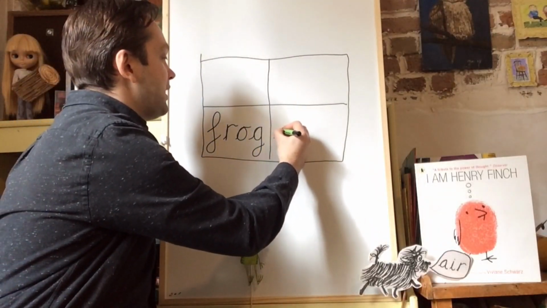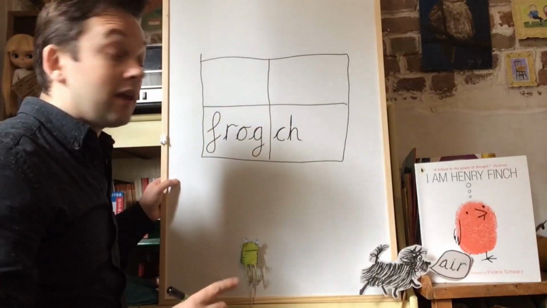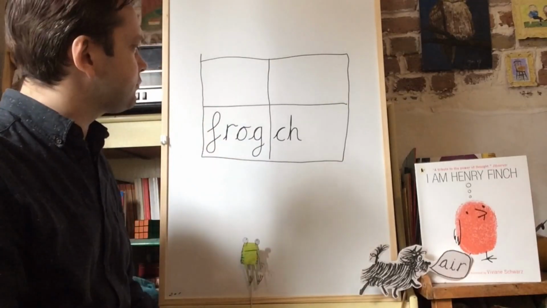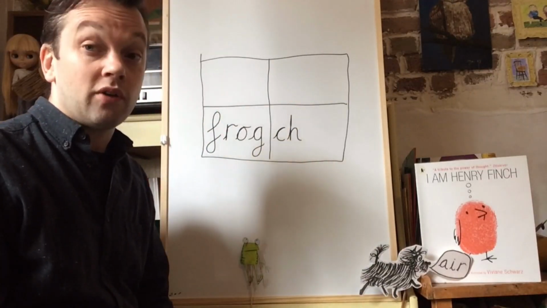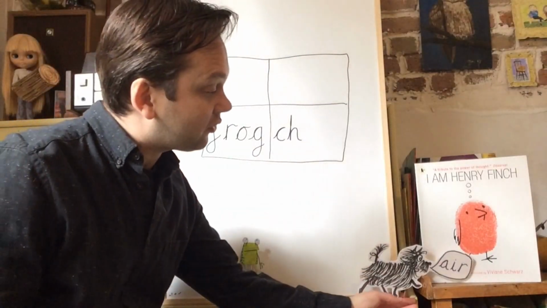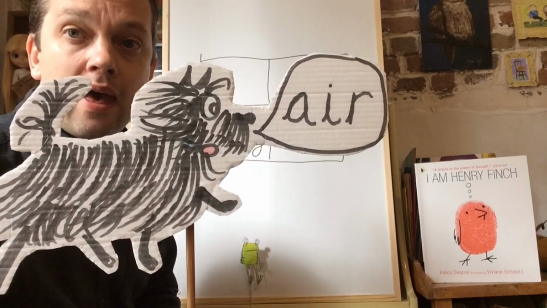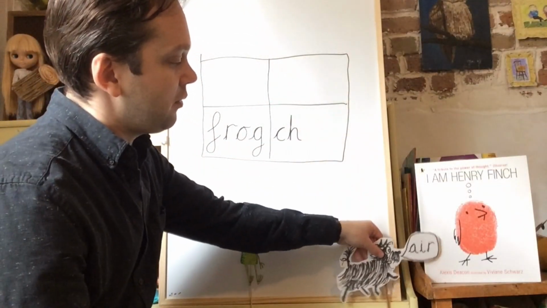The letters C and H, like we did yesterday, make the sound ch. Air. Do we remember how to write this one? I'll tell you who can help us. Good old Hairy McClary. Air. There we go.